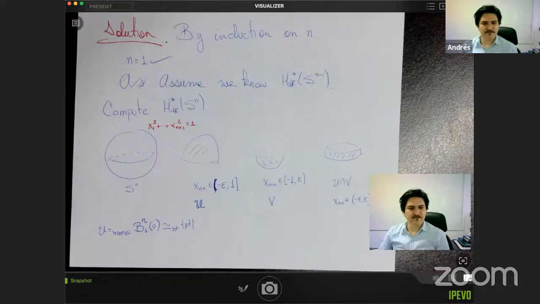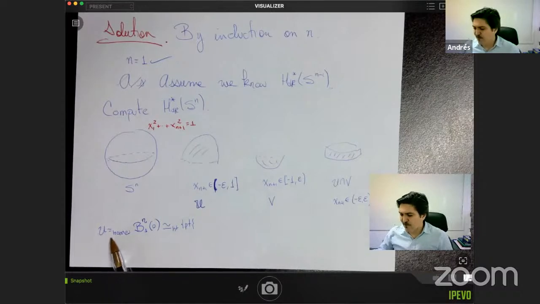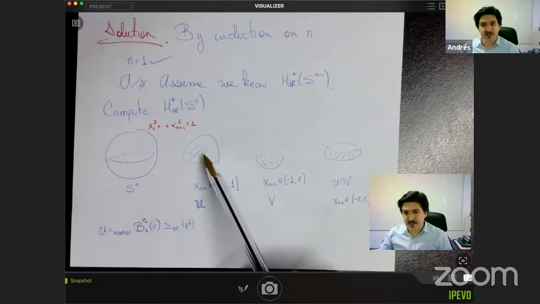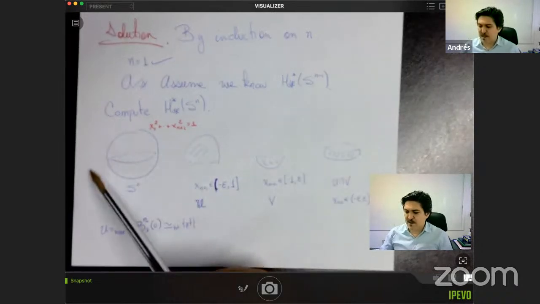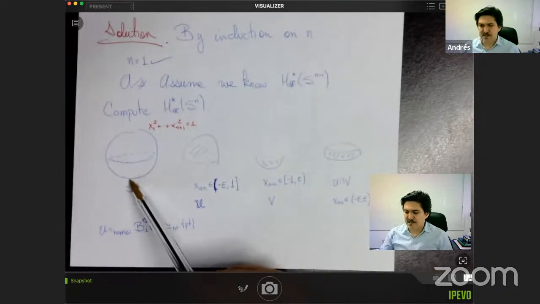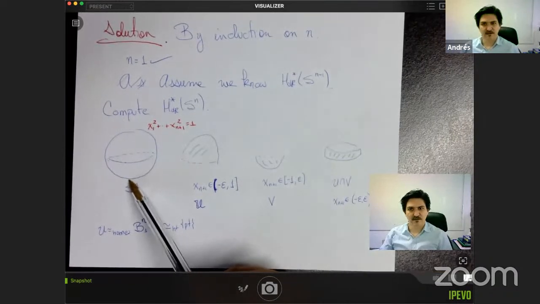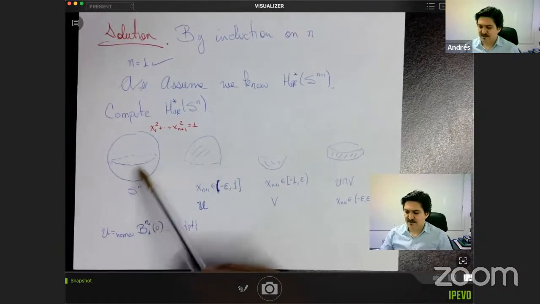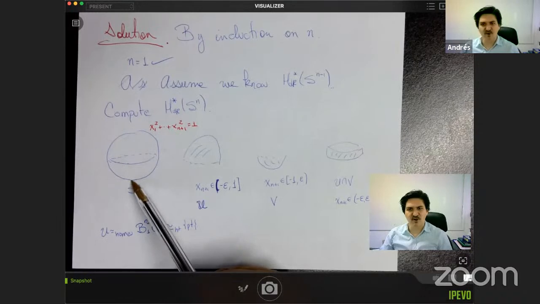Now, a way to come up with this, especially this U, is to take U to be the entire sphere minus the south pole. By stereographic projection, the whole sphere minus this point is homeomorphic to Rn. That makes sense, Salvador?